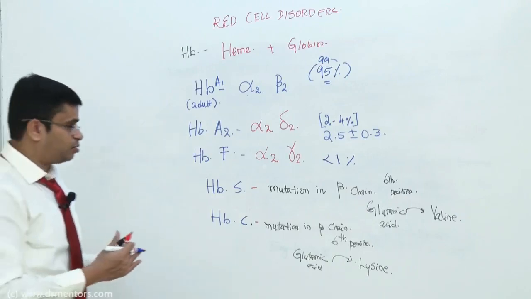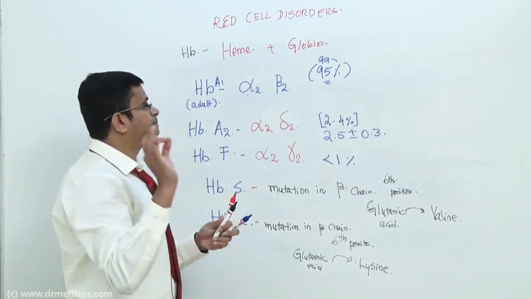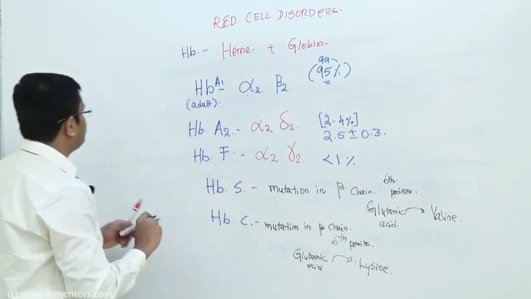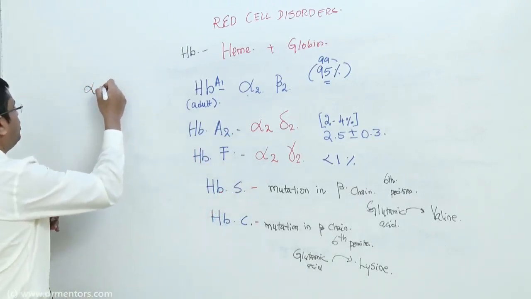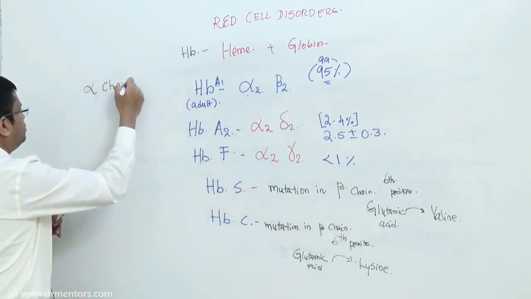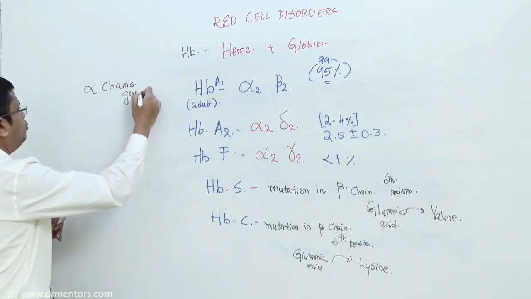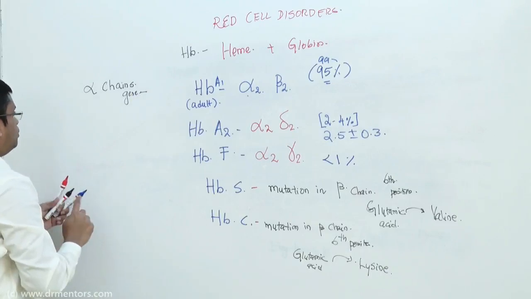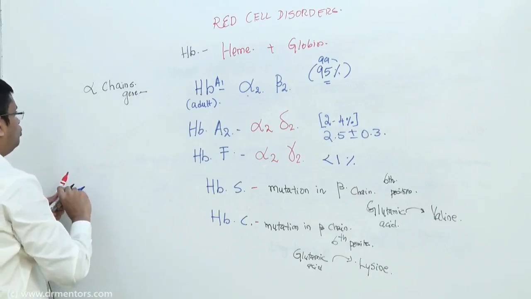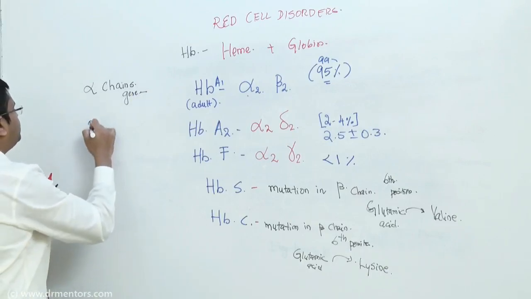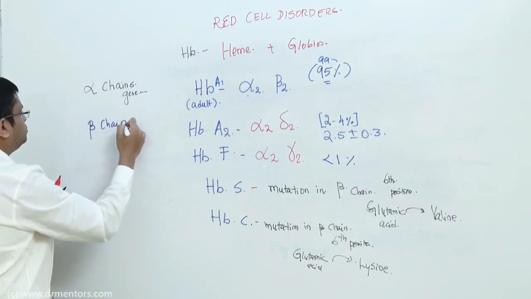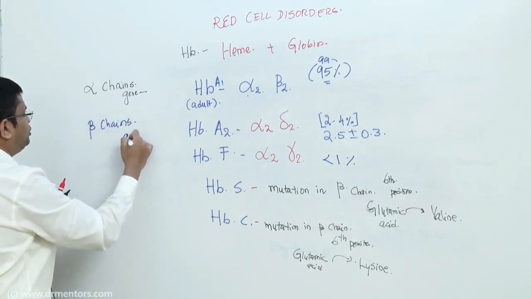Now we'll add one more point. Hemoglobin alpha and beta chains. What is the chromosome locus for the alpha chain gene? What is the chromosome locus for the beta chain gene?